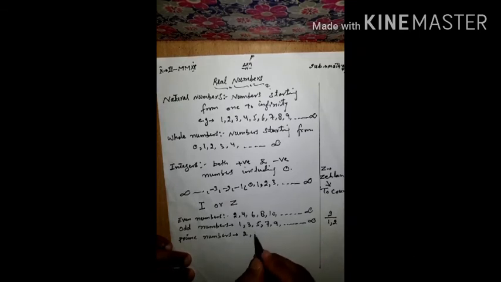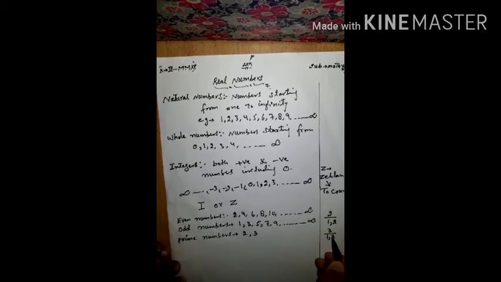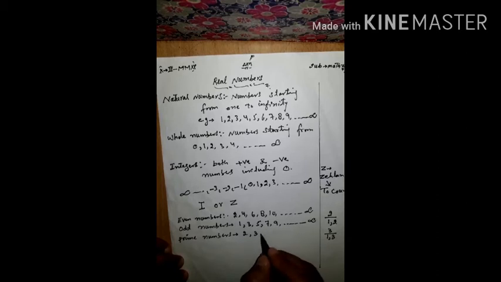Then we have 3. 3, as you can see, is divisible by 1 and 3 is divisible by itself. So 3 is a prime number. Then we can have 5. 5 is a prime number, and so on. It is also up to infinity. So 2, 3, 5 and so on up to infinity are known as prime numbers.